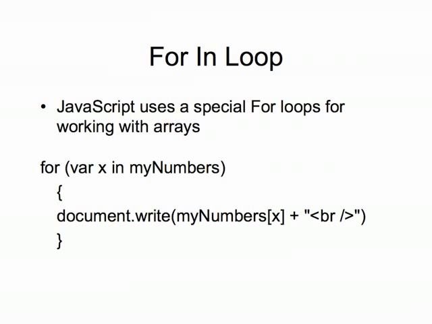So it's going to go on to a new line. What this is going to do is step through from the beginning of the array to the end of the array using the variable x as a counter. So this is a very useful shorthand for what would be several lines of code ordinarily.